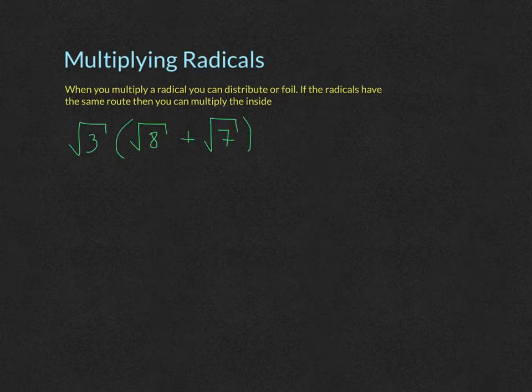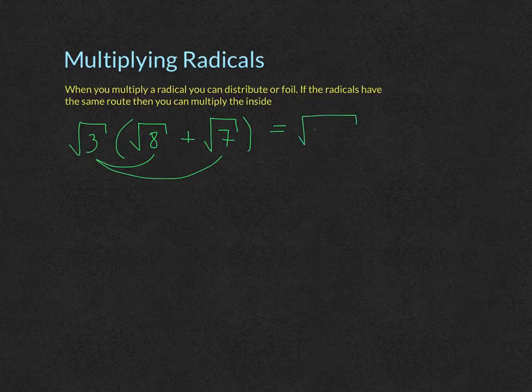So let's say we have the square root of 3 times the square root of 8 plus the square root of 7. We are just going to multiply or distribute that square root of 3 through. So I would have the square root of 3 times the square root of 8, which is the square root of 24, plus the square root of 3 times the square root of 7, which is the square root of 21.